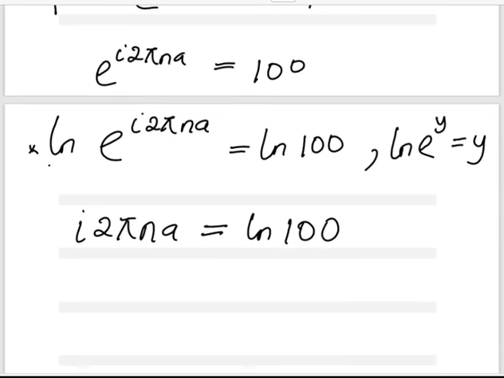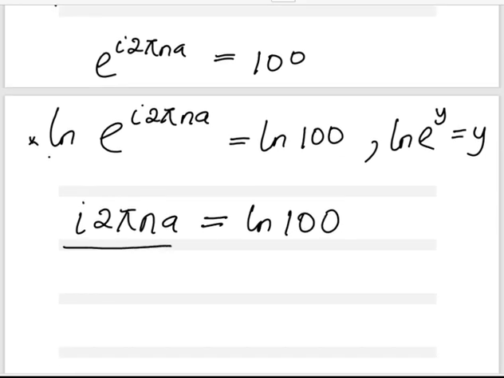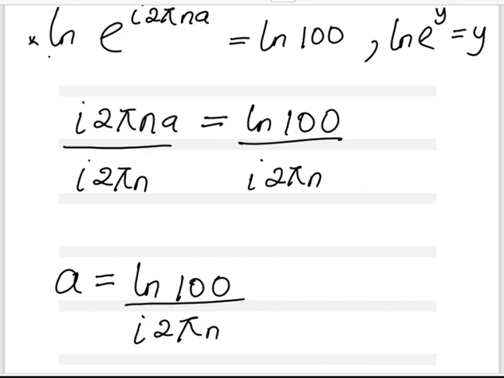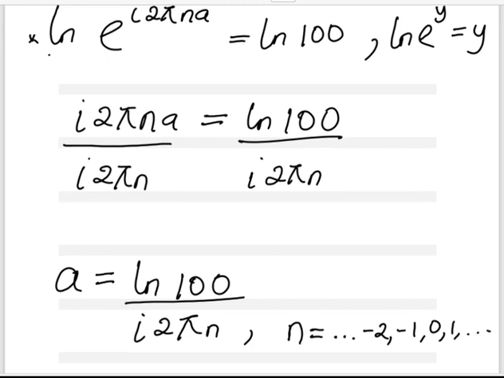And if we divide both sides by i 2 pi n, we will recover that our a is simply the natural log of 100 all over i 2 pi n, where our n is -2, -1, 0, 1, all the way to the positive integers.